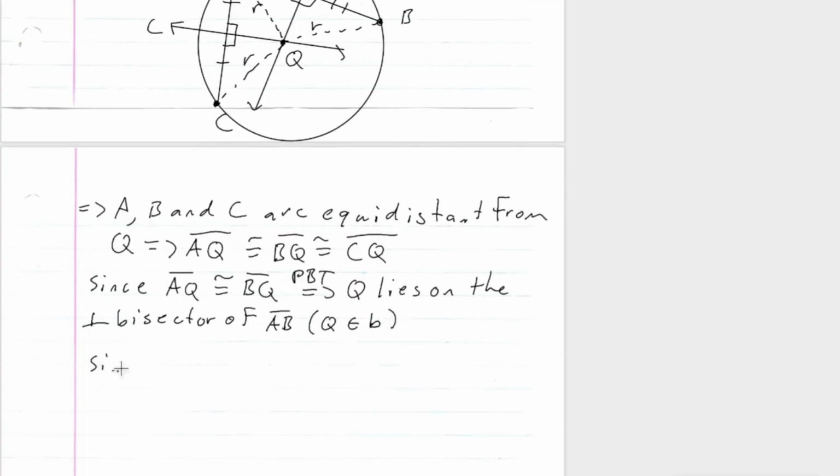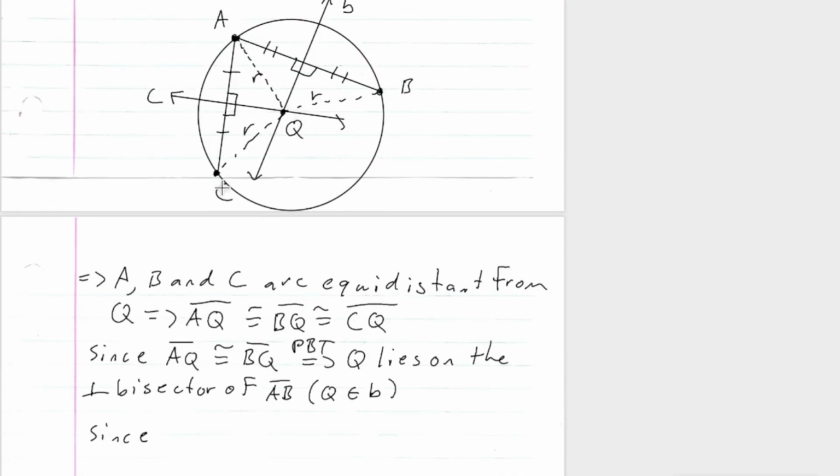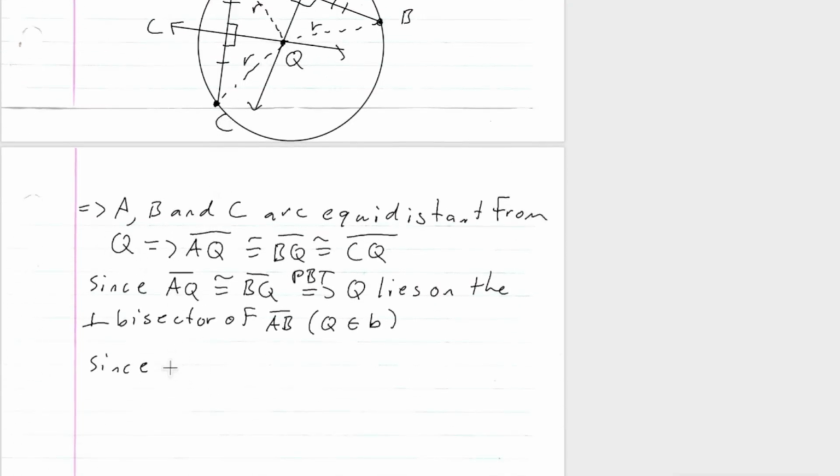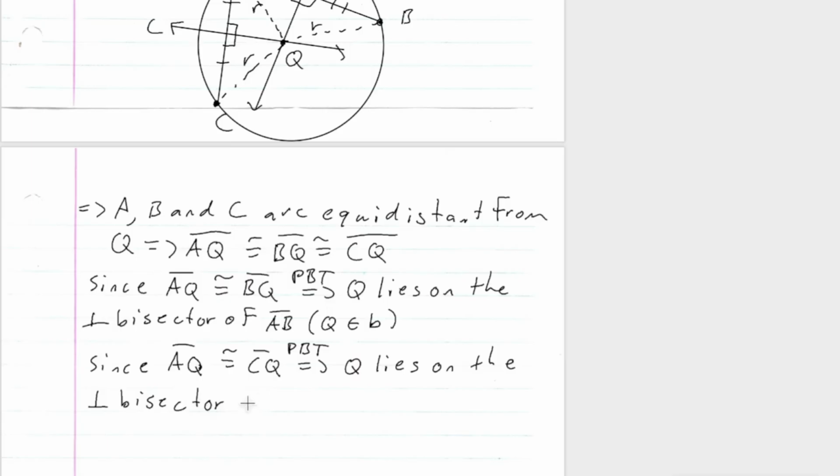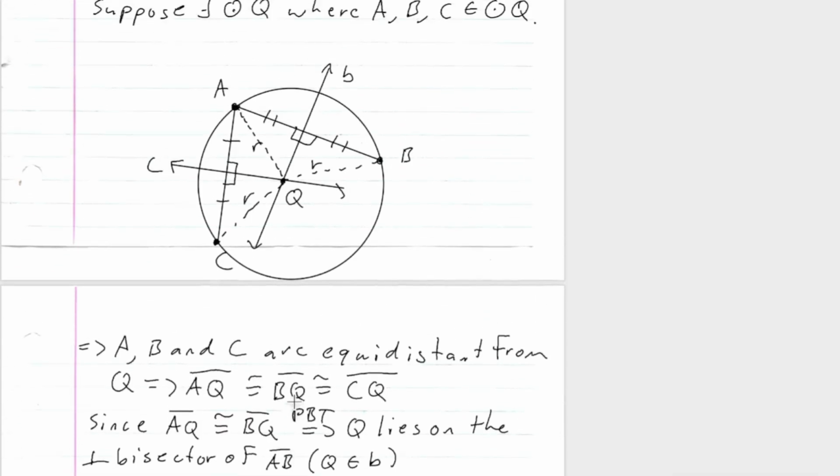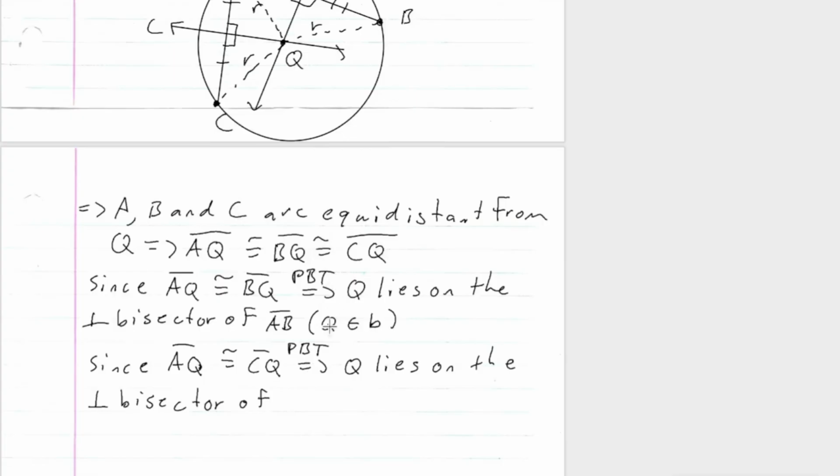Similarly, since AQ is congruent to CQ, right? This implies by the perpendicular bisector theorem that Q lies on the perpendicular bisector of AC, right? AKA, we know that Q is an element of C.